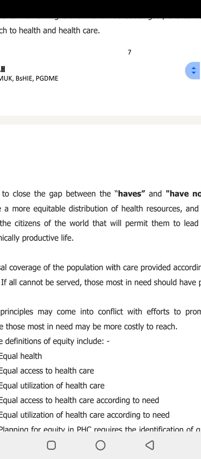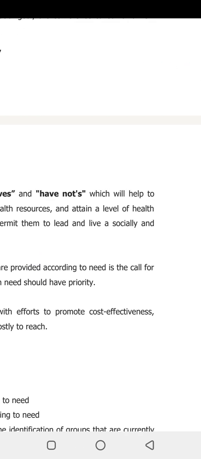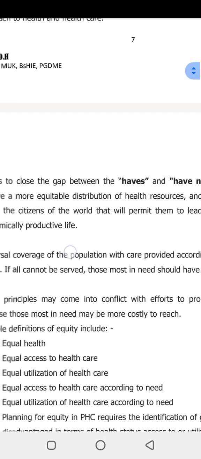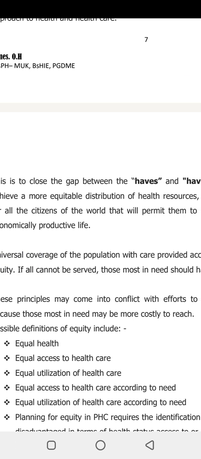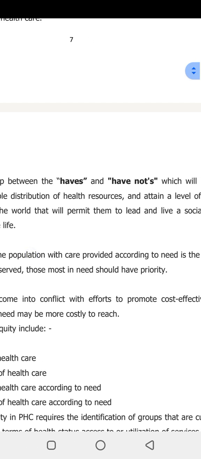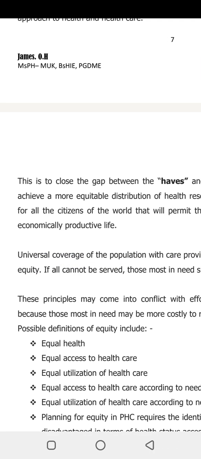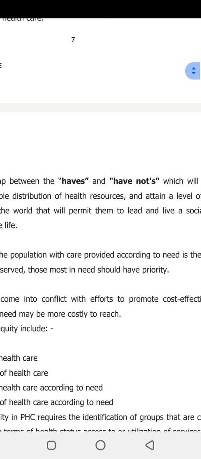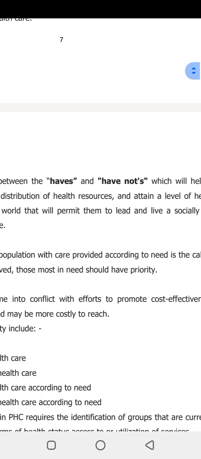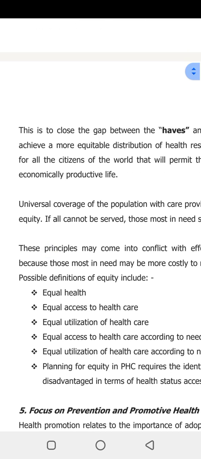This is to close the gap between the haves, in quotes, and the have-nots, in quotes, which will help to achieve a more equitable distribution of health resources and attain a level of health for all the citizens of the world that will permit them to lead and live a socially and economically productive life.